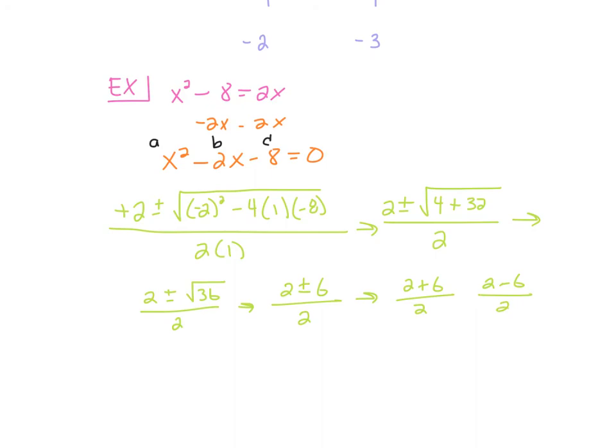So we get 8 divided by 2, which is 4. 2 minus 6 is negative 4, divided by 2 is negative 2. So our answers are 4 and negative 2. And that covers our final method for solving quadratics.